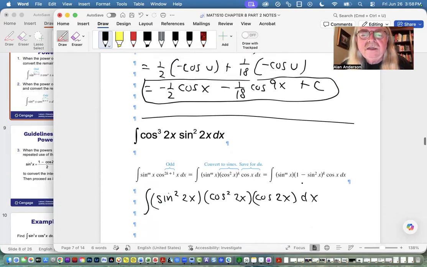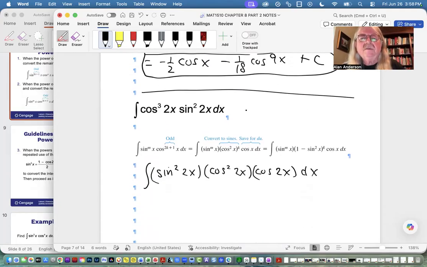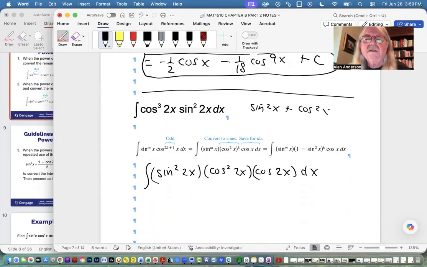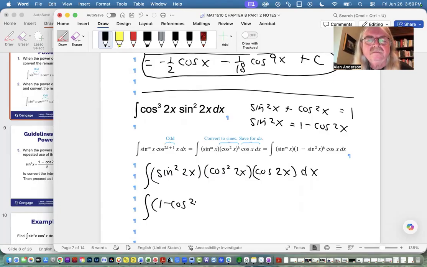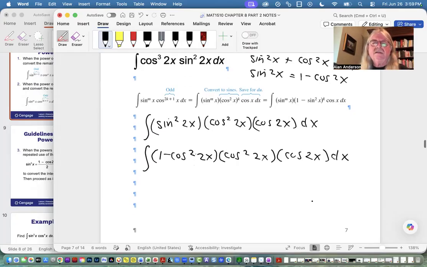Okay. And I think the plan here is to take one of the Pythagorean identities and replace this with, okay, but because it's 2x, this becomes, okay, now then we can multiply these out.